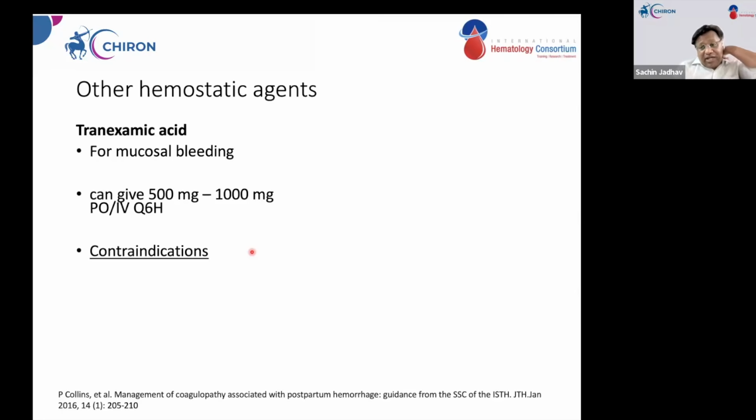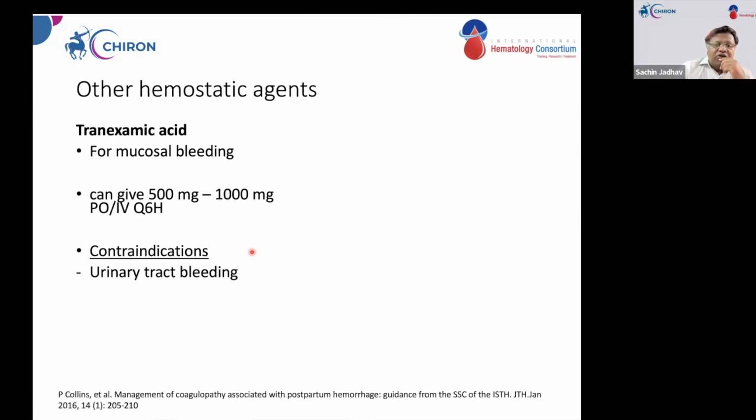It's an antifibrinolytic. So what it does is, once a clot forms, it will not allow it to break. And that is why we don't use it in urinary tract bleeding. Because if there is bleeding in the ureter because of, say, ureteric calculus, a clot is formed and you give tranexamic acid, it will go in the ureter.